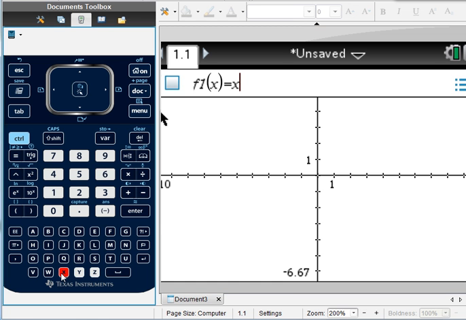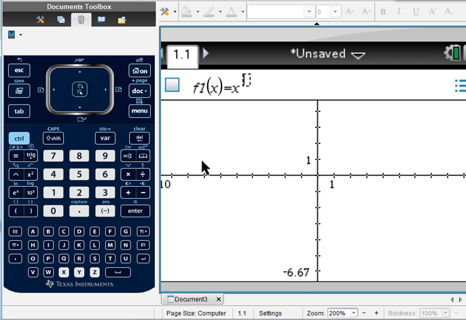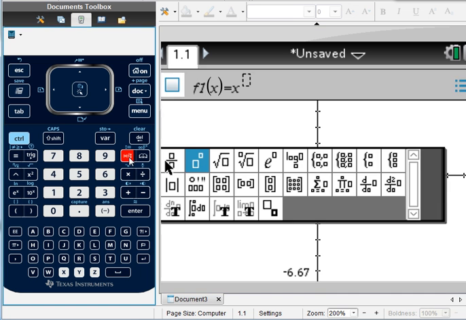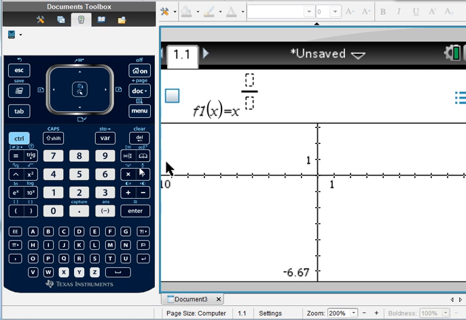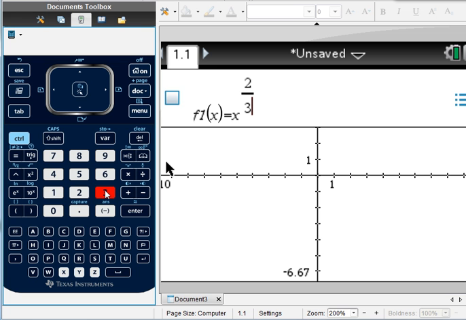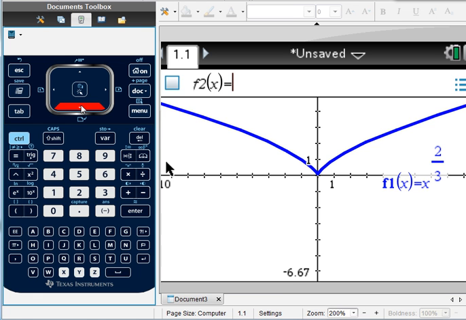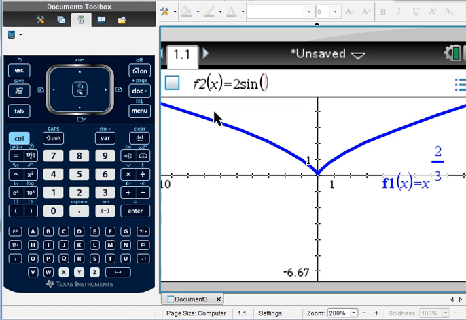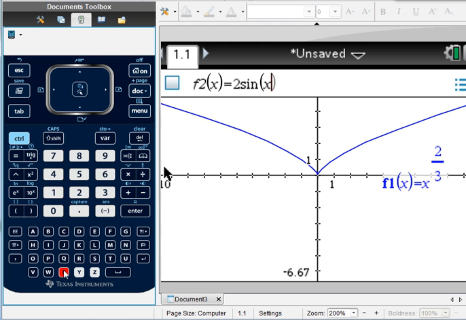So there's x to the 2/3 and f2 is 2 sine of x plus 1.